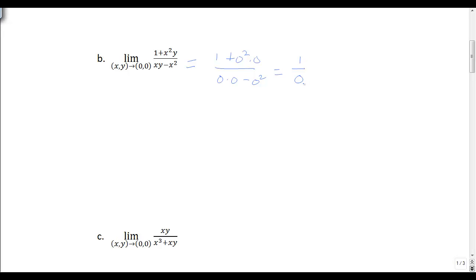So 1 over 0 here. Well, I always have something close to 1 on top and something that's really, really small on the bottom. That means I'm going to get a value really, really big. So this goes to either plus or minus infinity. I don't really care. In either case, the limit does not exist. So again, another one not so bad to do, a little bit harder maybe to comprehend.